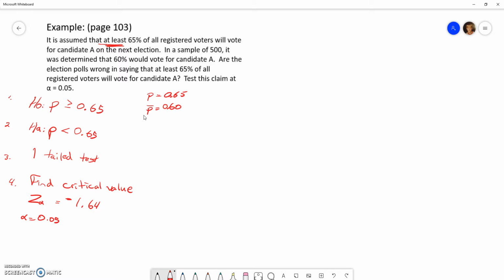So this would be akin to saying that, in the proportion that's assumed to be true, 0.65, it is a one-tailed test. Any value that's less than this threshold value, which is denoted as a Z alpha value, negative 1.64, is our rejection region. We only have one of them because it's a one-tailed test. So we've done the first 4 steps.